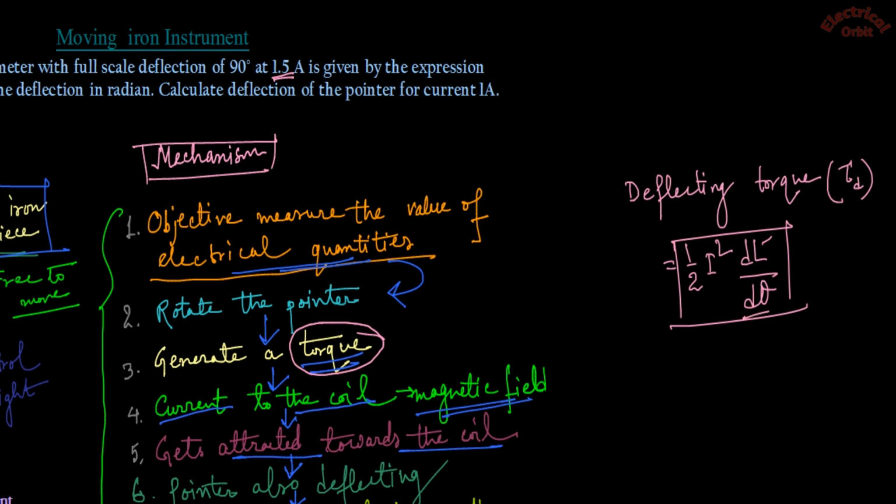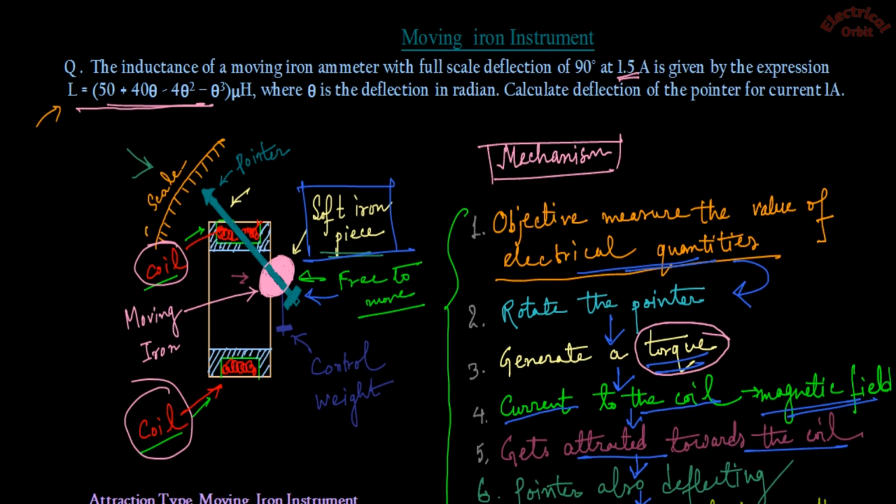And what is theta? If it is a zero position of the scale, when the current is flowing through the coil, then the pointer is deflected from the zero position. Let us assume that the zero position is here, like this. After the deflection, the pointer is shifted to this particular position. So what is the angle of deflection? This is the angle of deflection. This is theta, which is given in the question.